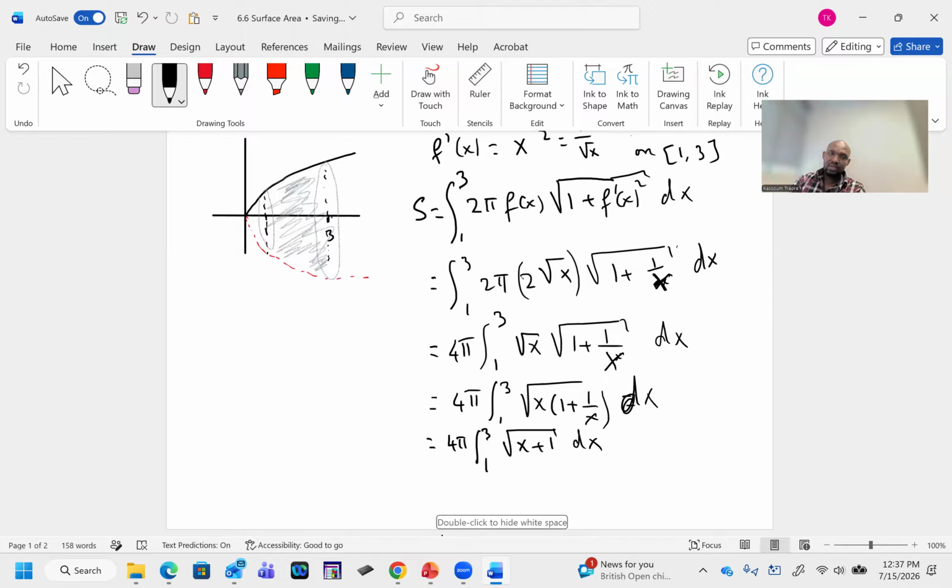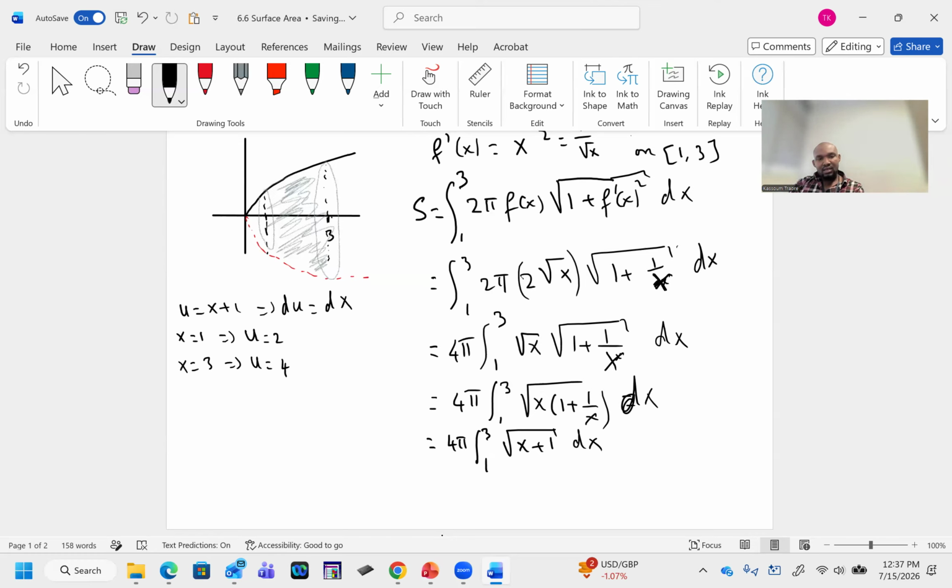So again, to find this integration, we can use u substitution. Just say u is x plus 1, then du will just be dx, right? And when x is 1, then u will be what? u will be 2. When x is 3, u will be 4, and that's it.